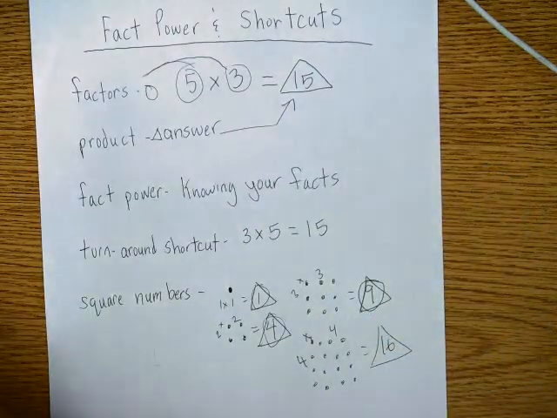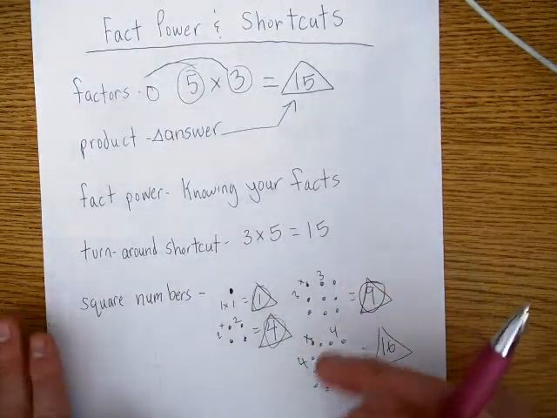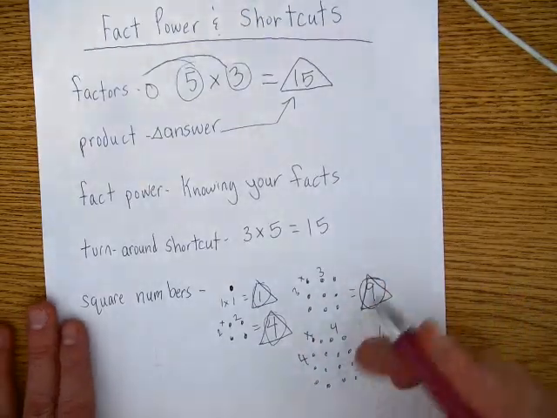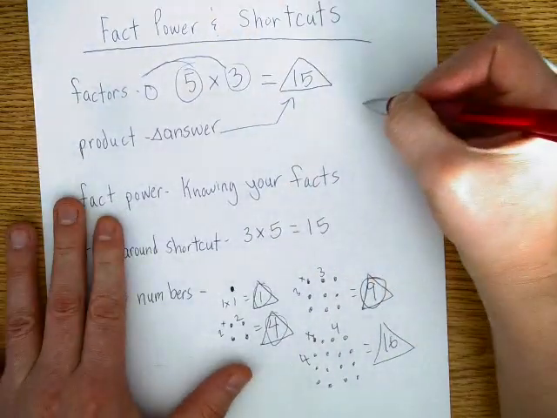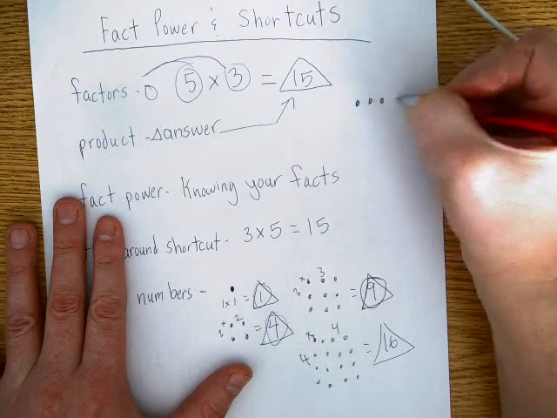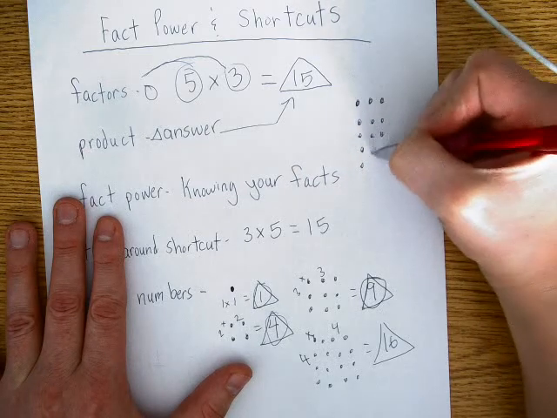As far as what we want kids to do in this lesson, we want them to, of course, practice multiplication facts. We want them to use arrays to represent all multiplication facts, but in this case, turnaround facts. So 5 times 3, 5 down, 3 across.